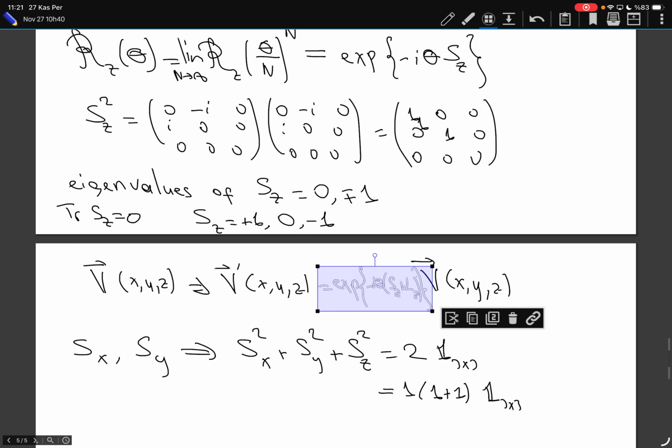Then the problem is, do they have any physically observable consequences? Like, do these particles interact with a magnetic field if they have charge, due to their spin? Of course, if they have angular momentum, they will interact with the magnetic field. But even if they don't have orbital angular momentum, they will still interact with the magnetic field, it turns out. So then we have the Stern-Gerlach experiment and other physical consequences.